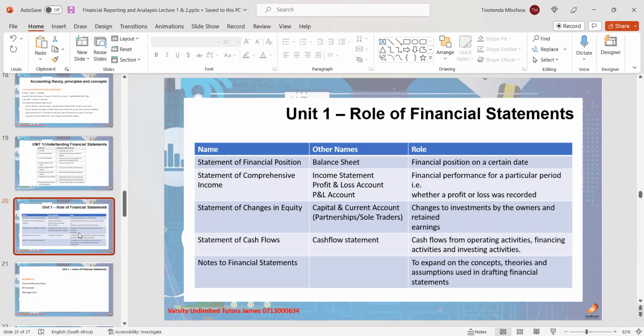Each financial statement will give different types of financial information. So, for example, there's a financial statement called the statement of financial position. A statement of financial position basically tries to tell you what is the value or what is the financial position of an organization on a specific day, right?